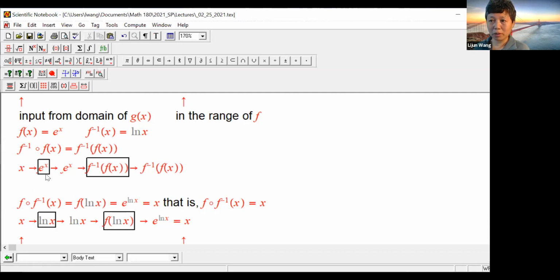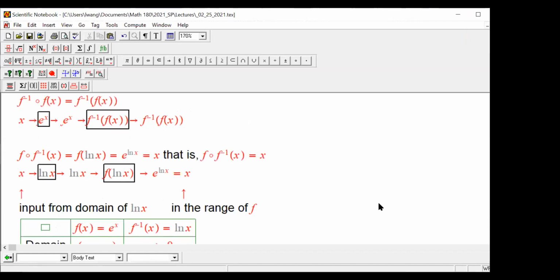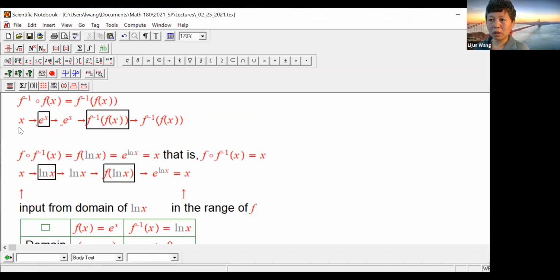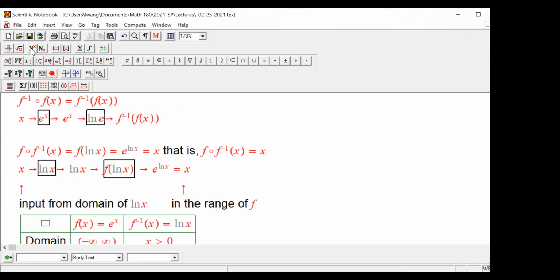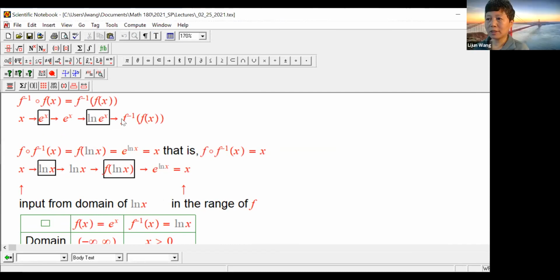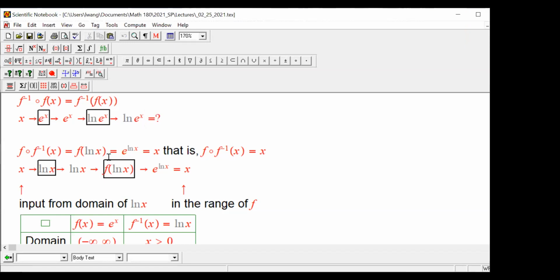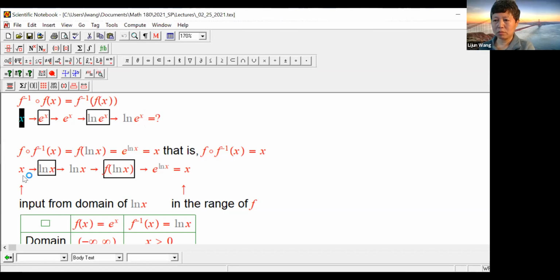And e to the power x comes out as what? It's positive. And then we apply the ln to e to the power x. And what is coming out of it is ln e to the power x. And what does that equal to? Any real number.